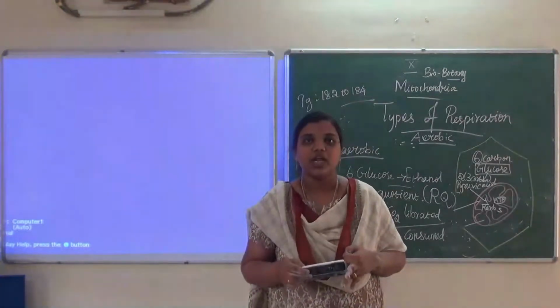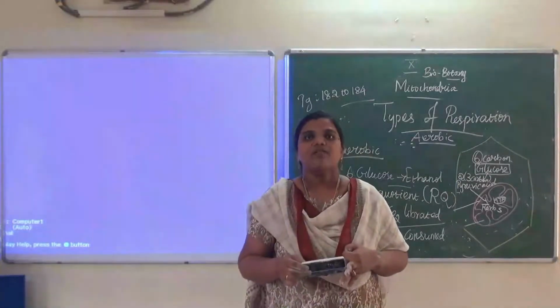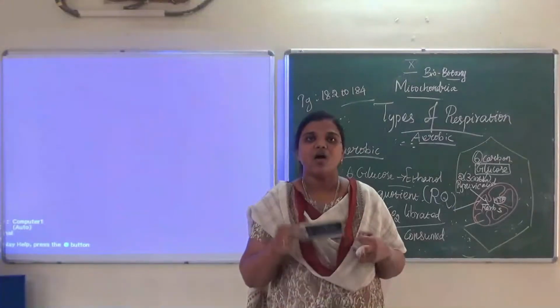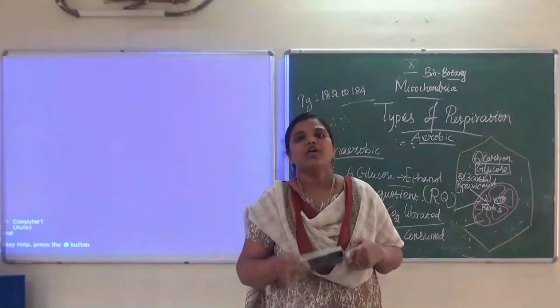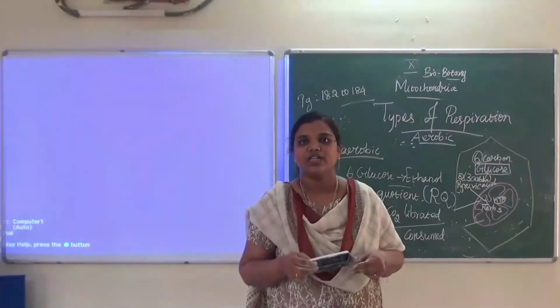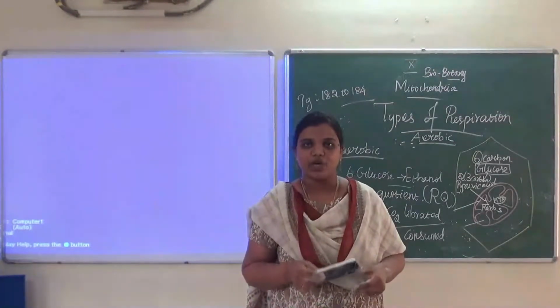So you have to tell another name of mitochondria is the powerhouse of the cell. Functions of mitochondria: powerhouse of the cell or factory of ATP; second, maintain the metabolic activities; and third, regulate the normal concentration.